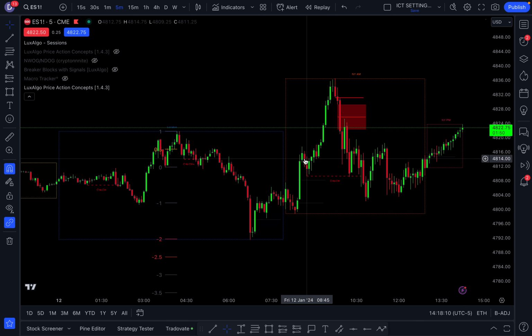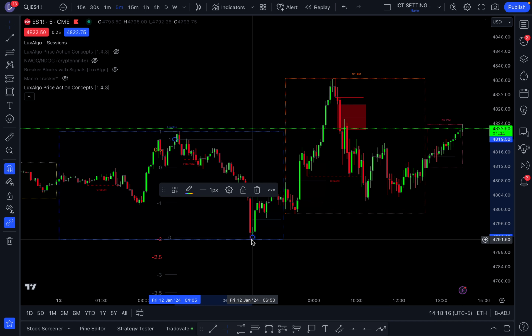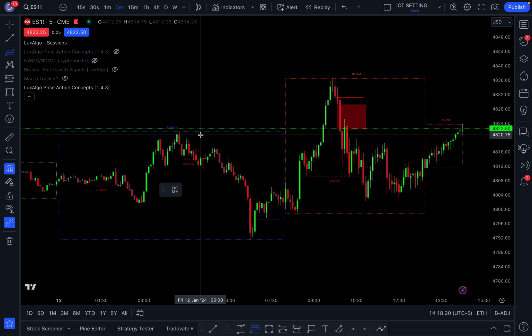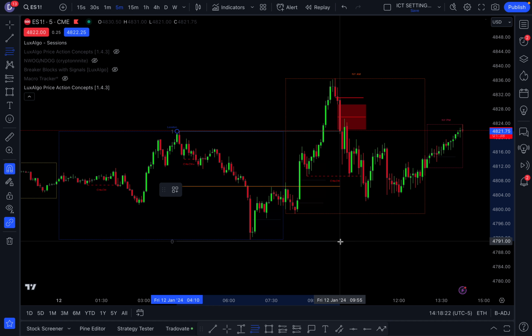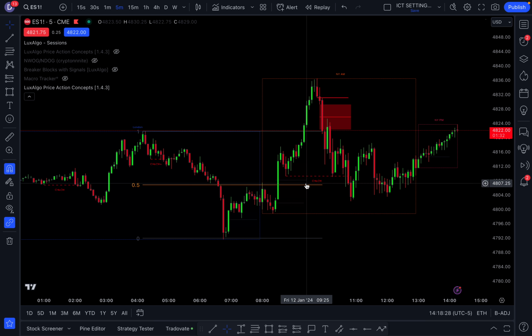It will run to inefficiencies and into equilibrium. So from the London high to below, that was literally around the equilibrium, and we had some FVGs here, so it filled the FVGs.